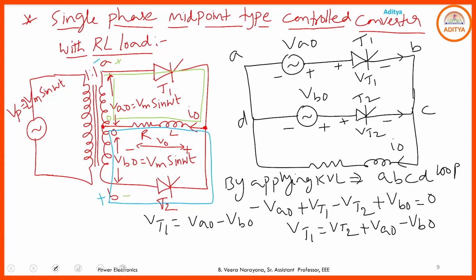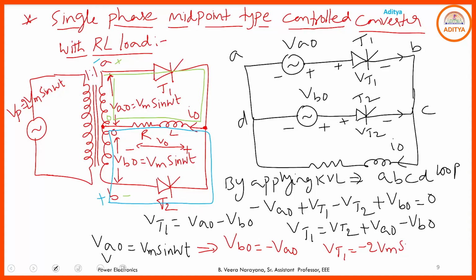Here VA naught is written as Vm sin omega t and VB naught is equal to minus VA naught. So VT1 is equal to minus 2 Vm sin omega t.